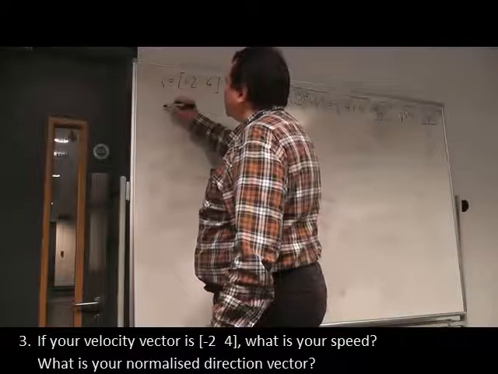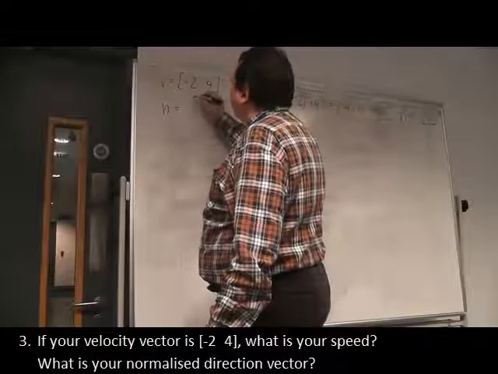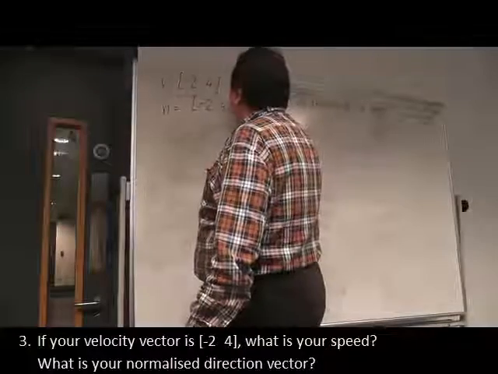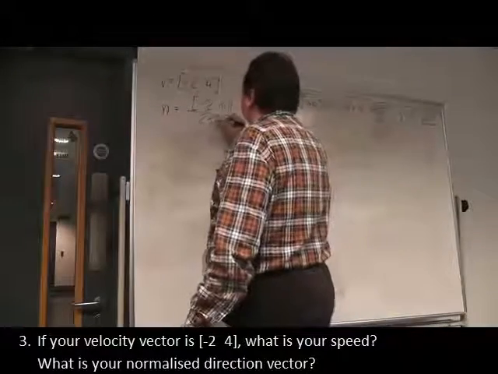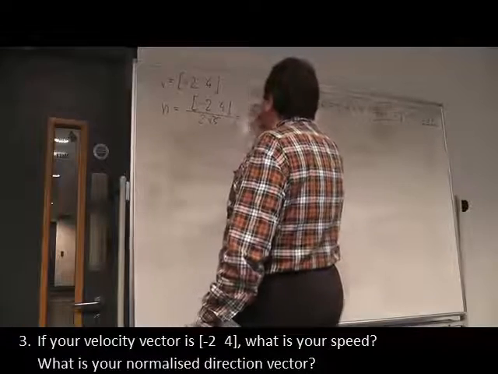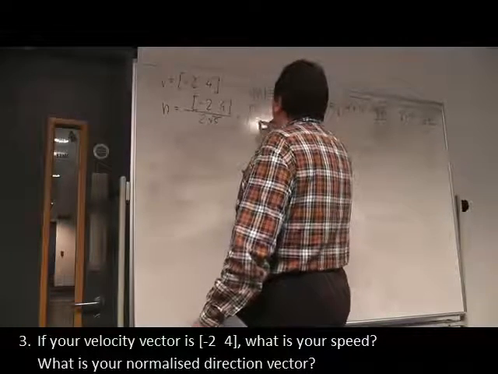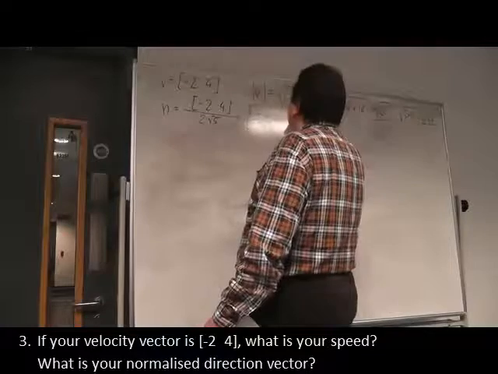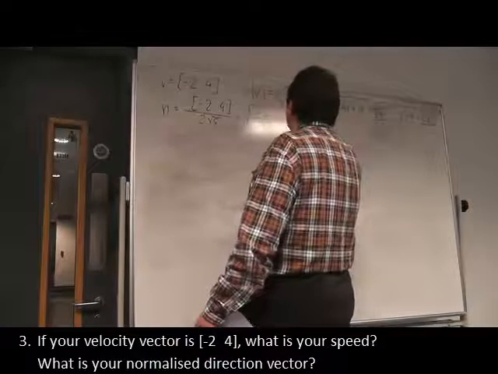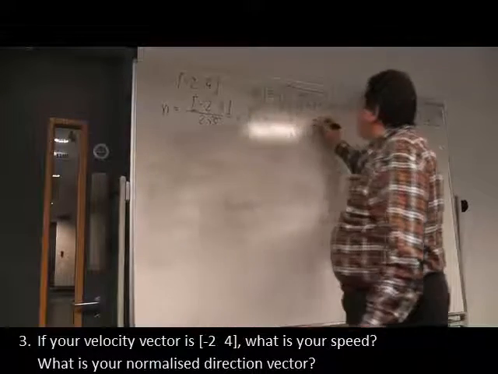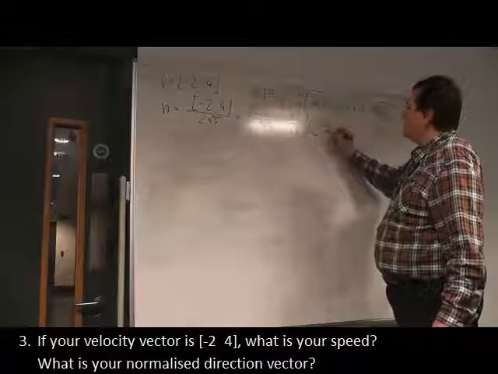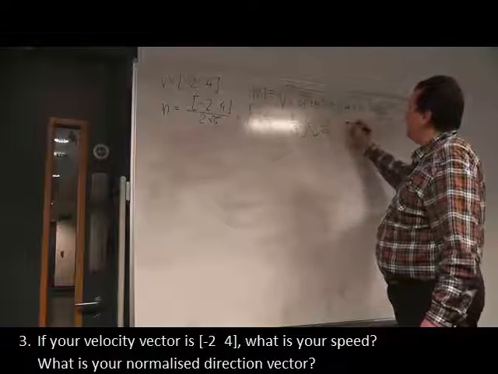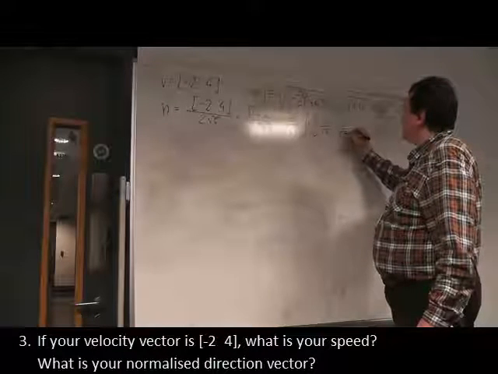nothing else but again we have to take (-2, 4) divided by 2 square roots of 5. So it's -2 over 2 square root of 5, 4 over 2 square root of 5. I will go one more step because it's very nicely -1 over square root of 5 and 2 over square root of 5.